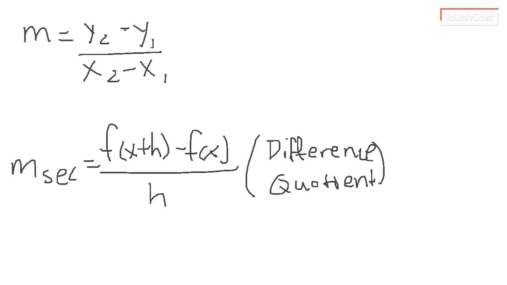We're also going to start utilizing a different notation here. Instead of y2 minus y1, we're going to use delta y to represent the change in y, and instead of x2 minus x1, delta x.